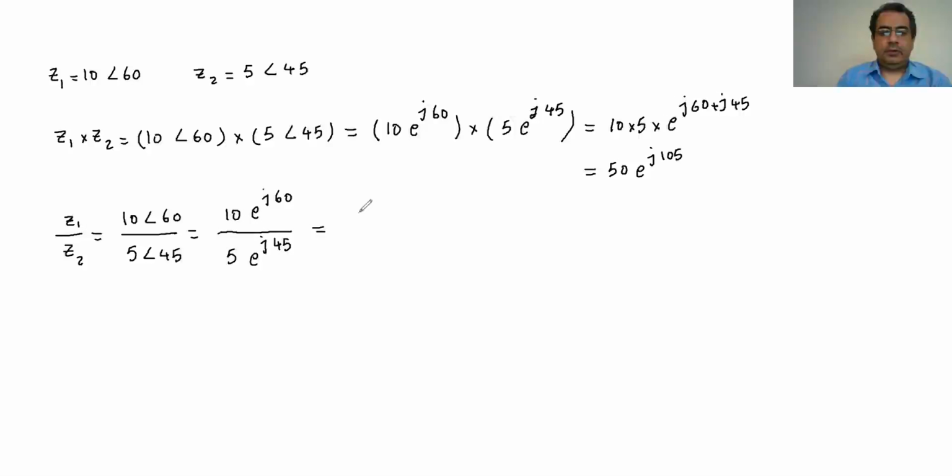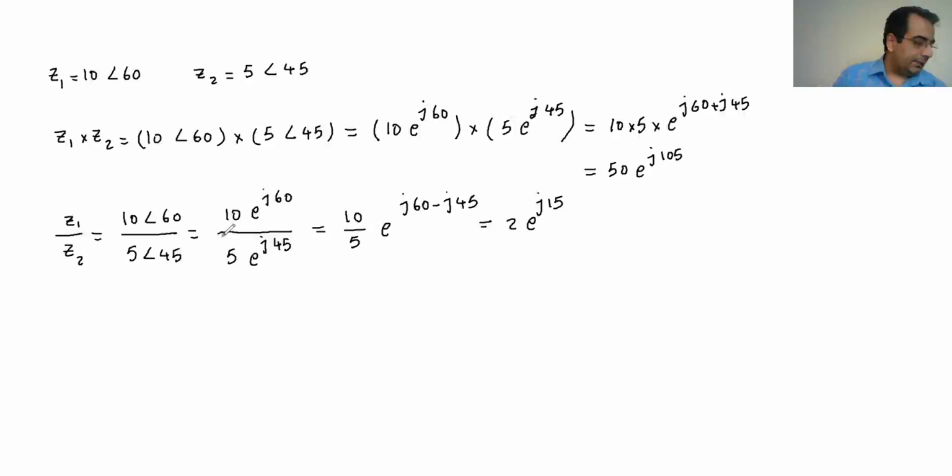So it's going to be 10 divided by 5, and then sorry, it's going to be j60 minus j45, which becomes 2 e to the j15. So you can see very easily you can do the multiplication or division using the polar format.